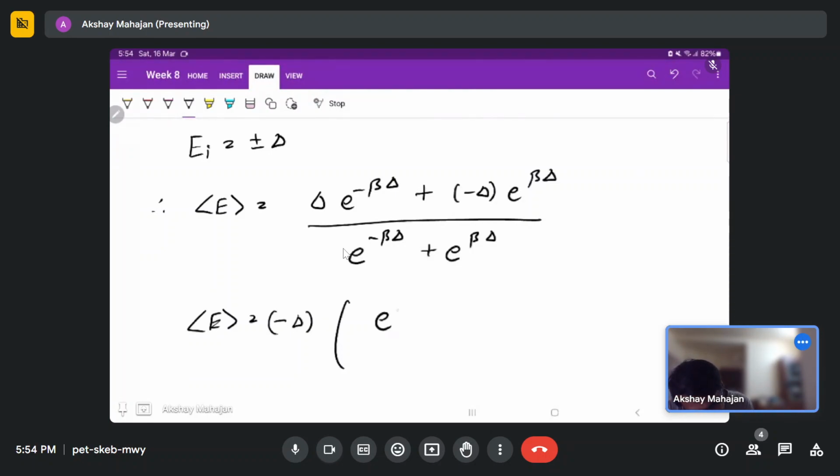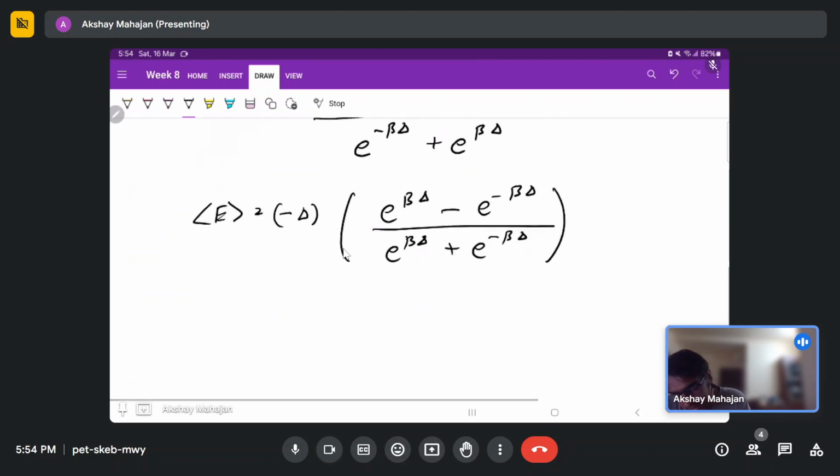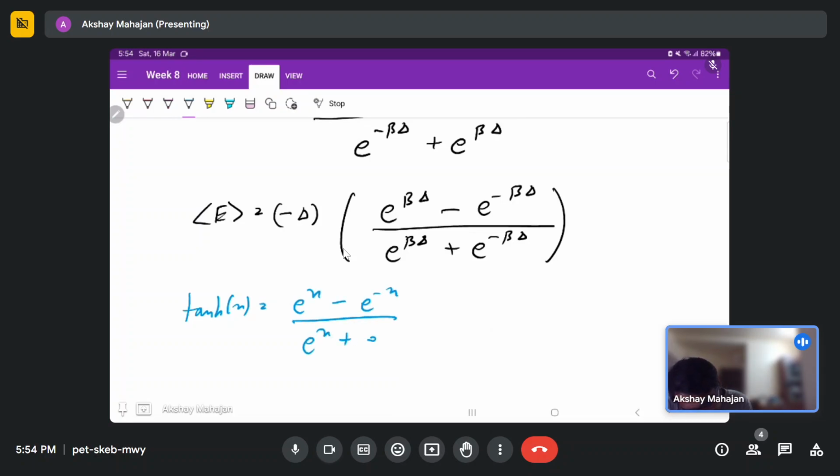Then I will have e to the power beta delta minus e to the power minus beta delta upon e to the power beta delta plus e to the power minus beta delta. As we know, the formula for tan hyperbolic x is e to the power x minus e to the power minus x upon e to the power x plus e to the power minus x.